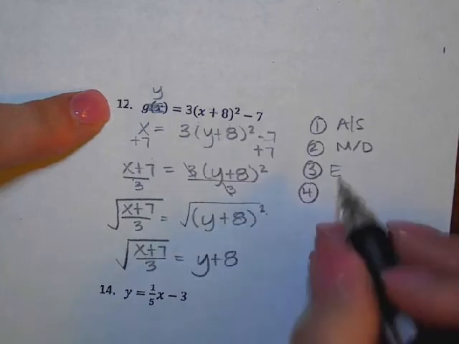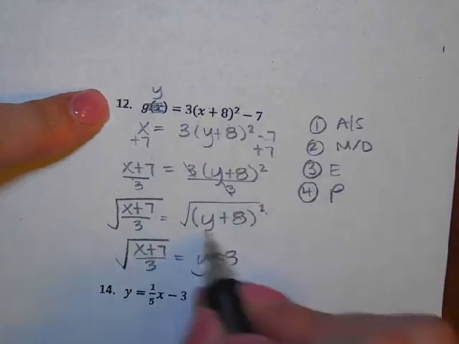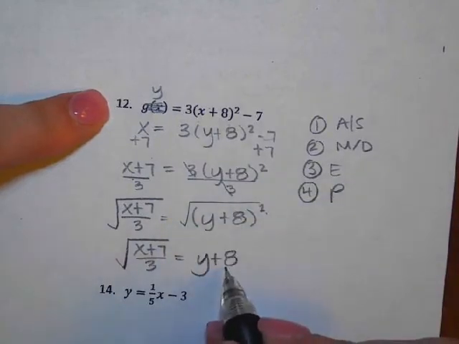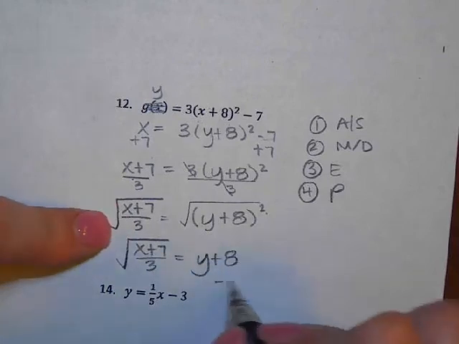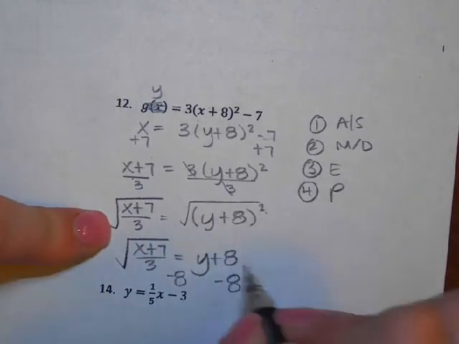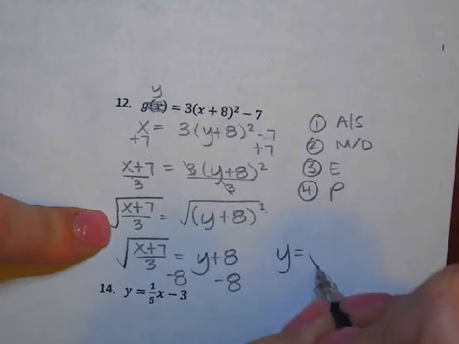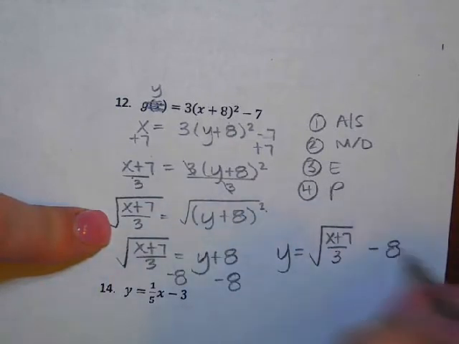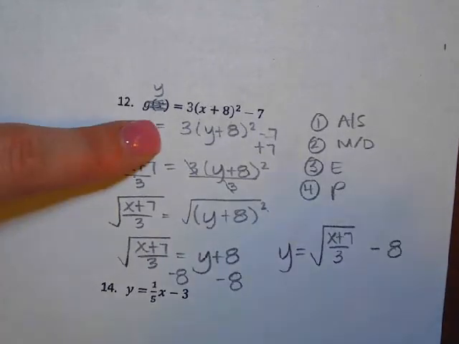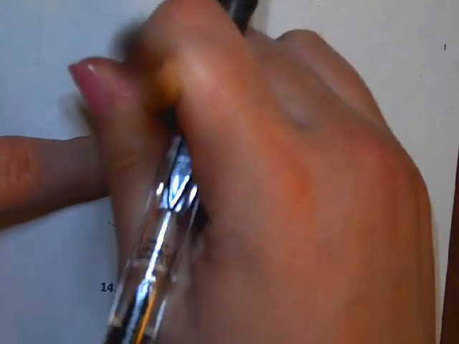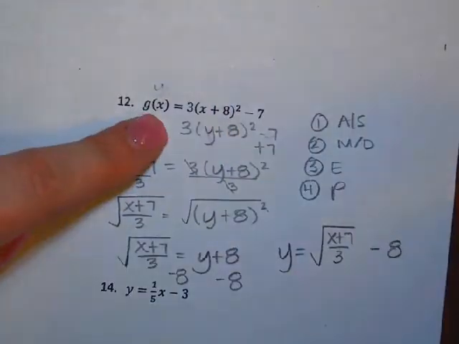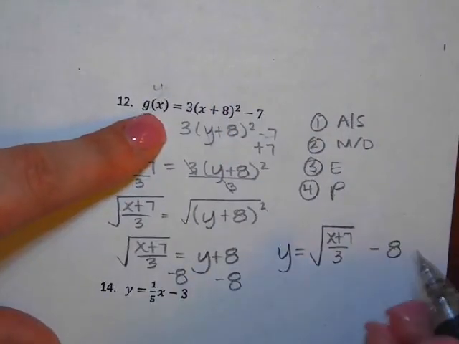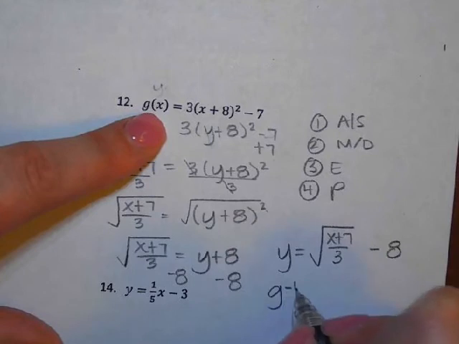So now I am to the parentheses, and I'm just getting the stuff that was inside the parentheses out. So now I can go ahead and just subtract the 8. So I've got y equals the square root with a minus 8 on the end. And then I go back to the original problem, and I want to make sure that my notation makes sense for the problem. So that was g of x. That means that my answer is g inverse of x.